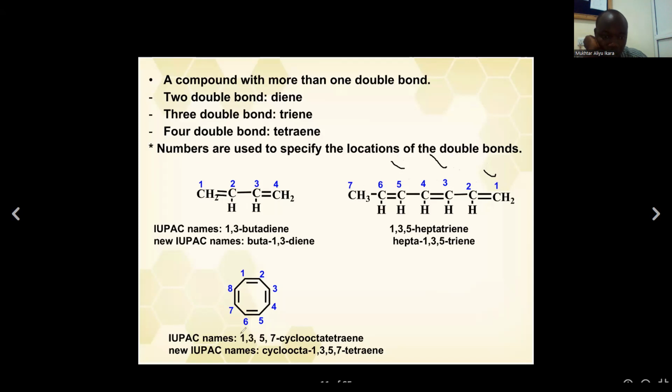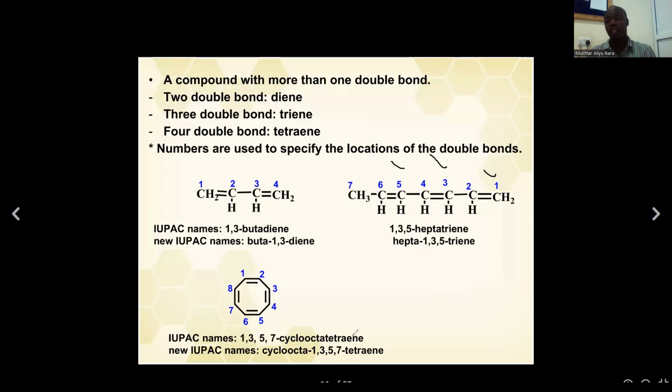And if they are 4, like here, we have them at carbon 1, carbon 3, carbon 5, and carbon 7. So that is why I have 1,3,5,7-cyclooctatetraene. Because it is cyclo, that is why it is like this.